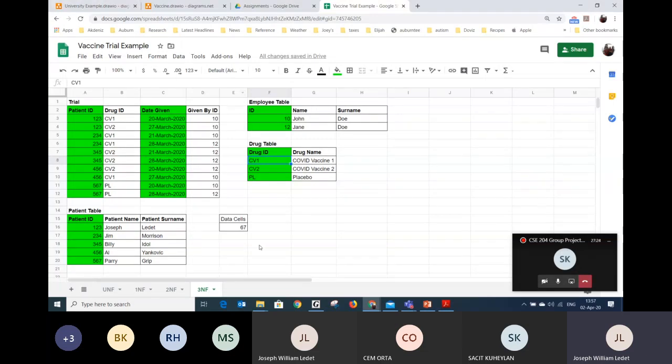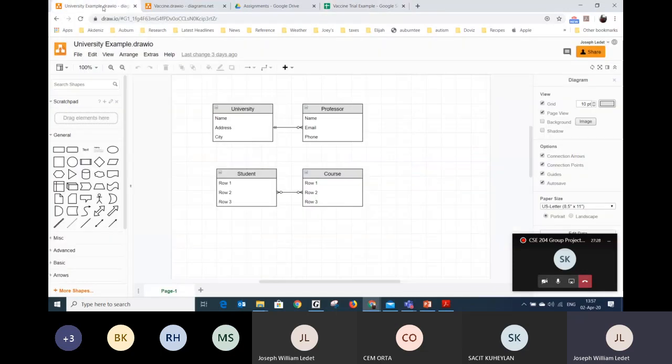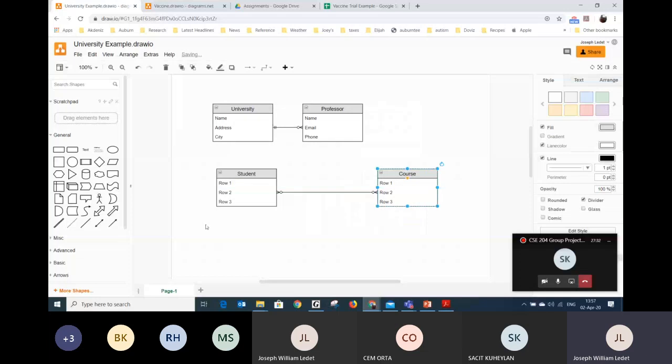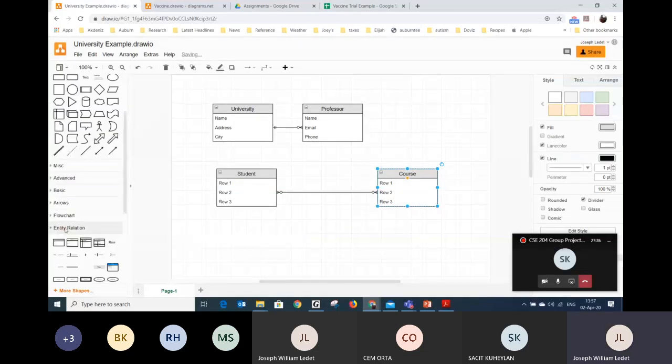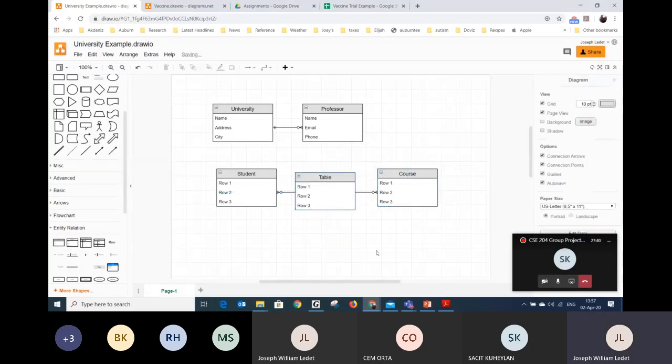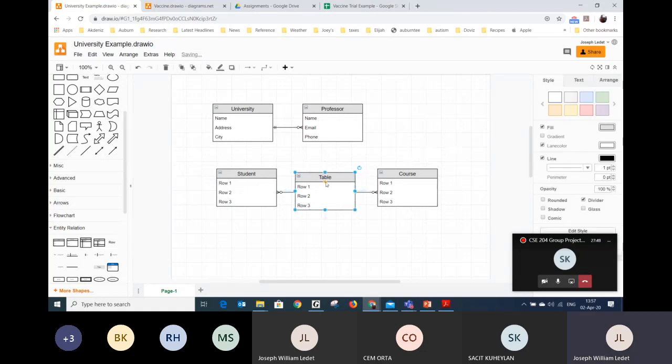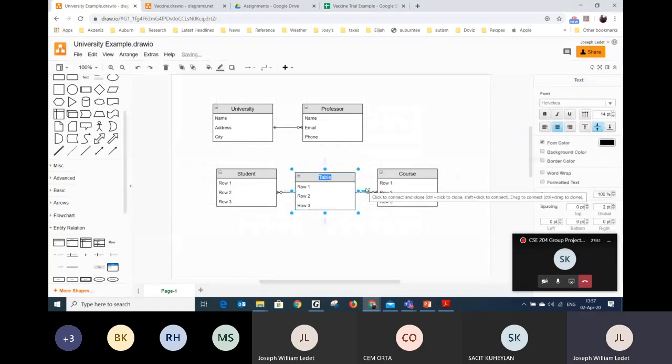Now, sometimes with this diagram, you may end up with a table between two other tables. Like you may end up with a student in a certain semester takes a course.